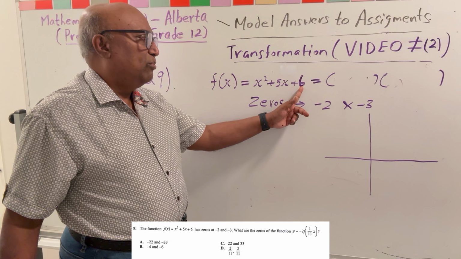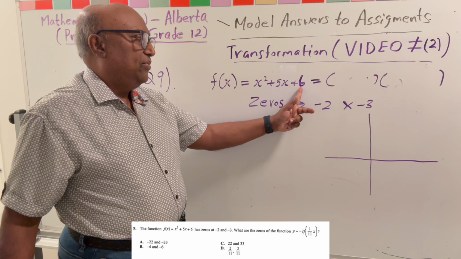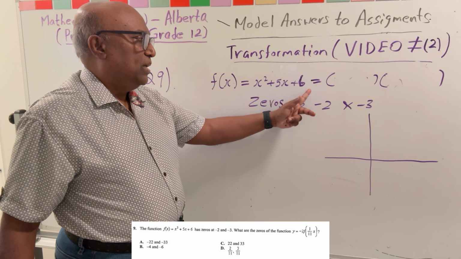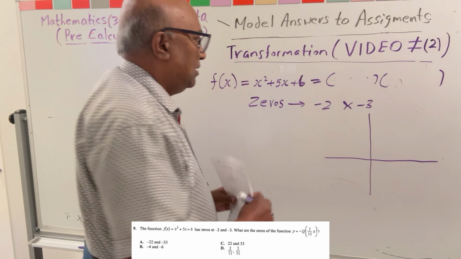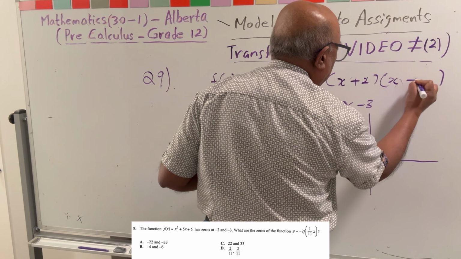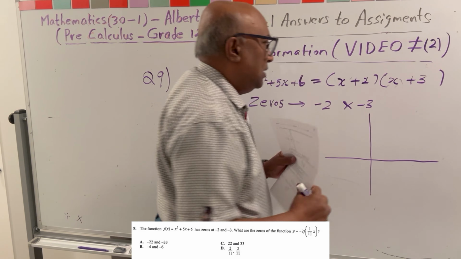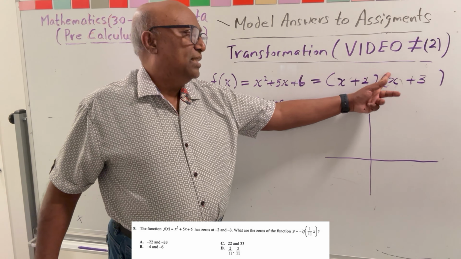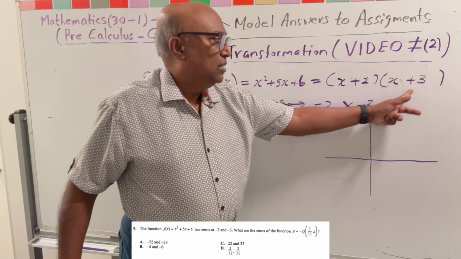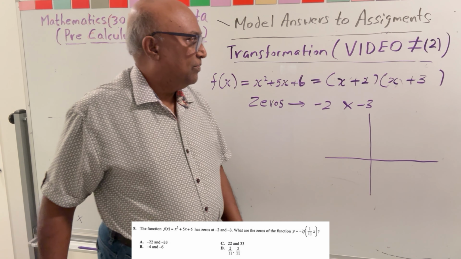Then you can use the decomposition method. If you take the factors of 6, that is 2 and 3, the summation of 2 and 3 is equal to the middle term. That means you get these factors easily: x plus 2, x plus 3. Just for verification, you can expand this and see whether you get the original function. x squared, 3x plus 2x is 5x, plus 6.